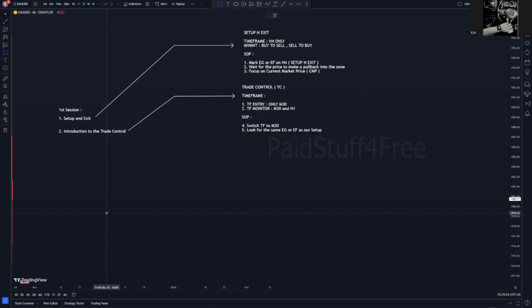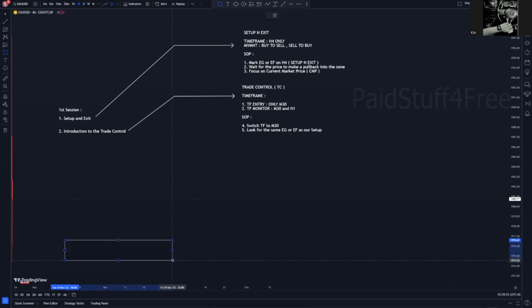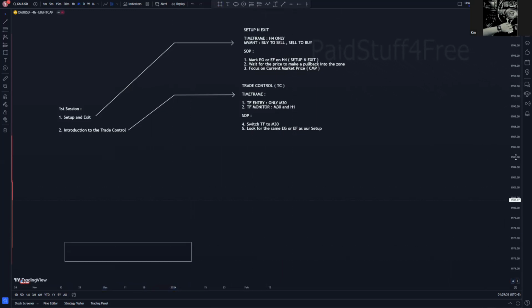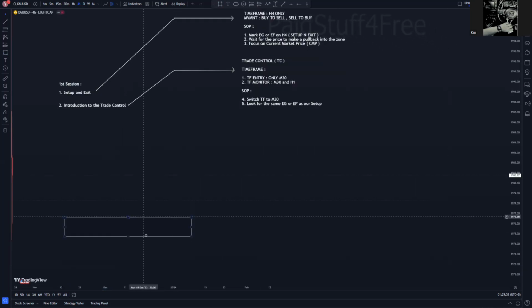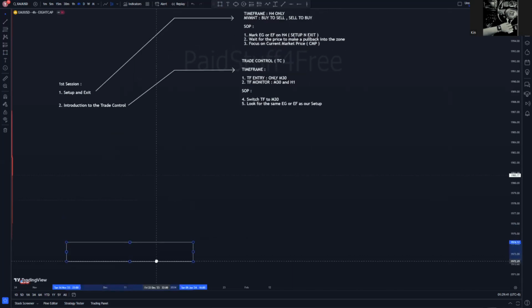For example, you have this buy zone somewhere around here. You have a buy zone of H4 somewhere around here.